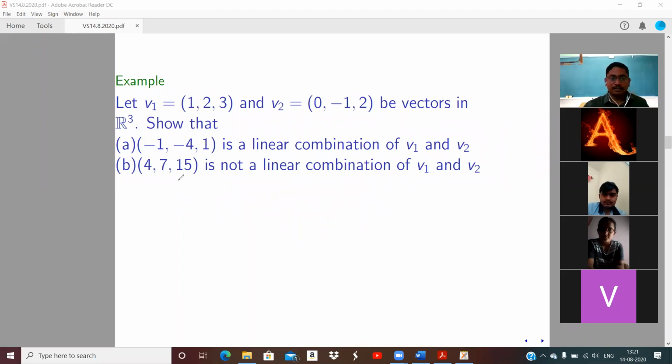We'll go for the second. Now it is not a linear combination, meaning we cannot find A and B satisfying this. So if we cannot find them, the system has to be inconsistent in that case, or all 3 points will not be satisfied. So A into V1 plus B into V2, you write it as 4, 7, 15.